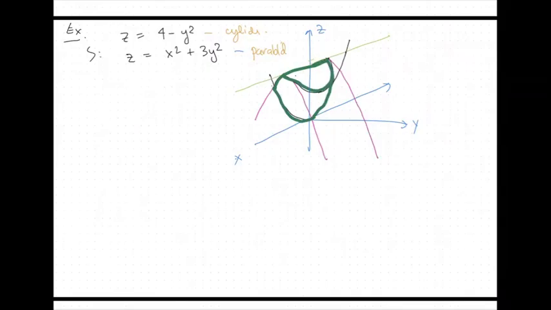Okay, go back to the original. So this is your solid. Of course, we know that the upper bound here based on the graph is the cylinder, and then the lower surface is the paraboloid.